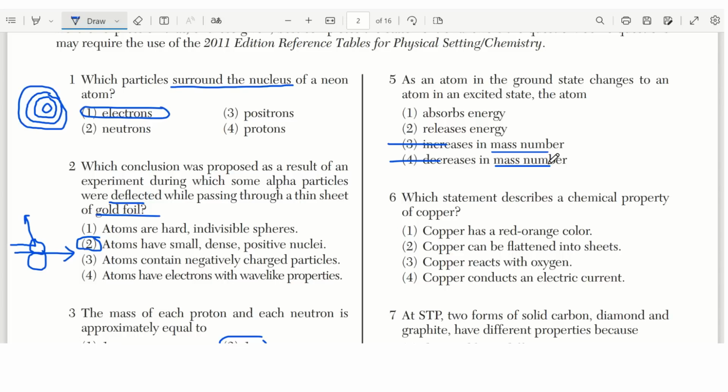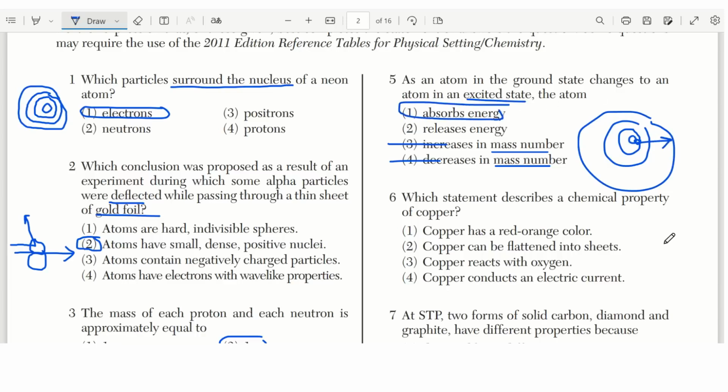In fact, the number of electrons doesn't change. But in excited state, so here we have our atom again, nucleus, energy level, energy level, energy level. That electron, right, will move up to a higher energy level to get to an excited state. So that means it must be absorbing energy.